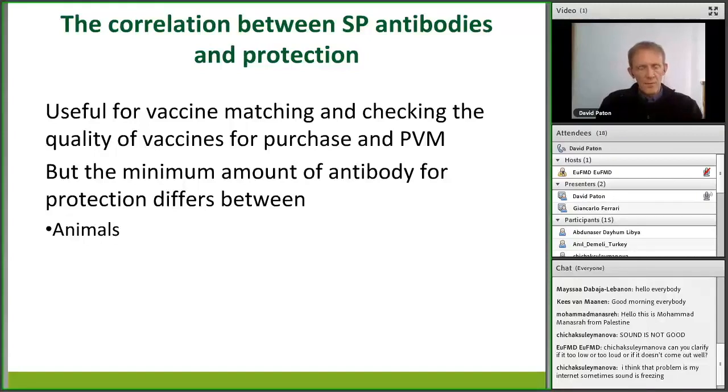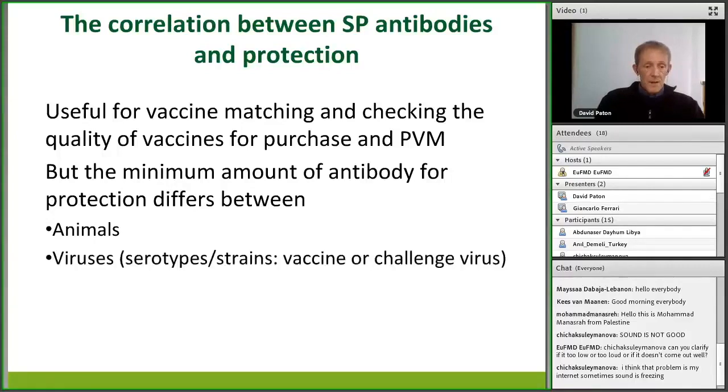There's animal to animal variation, and that's probably because maybe the tests don't measure the correct type of antibody, or maybe the antibody tests aren't measuring other forms of immunity, such as cell-mediated immunity, which can also contribute to protection.